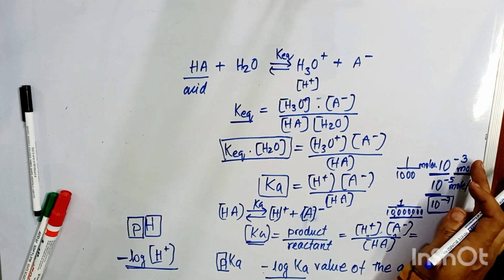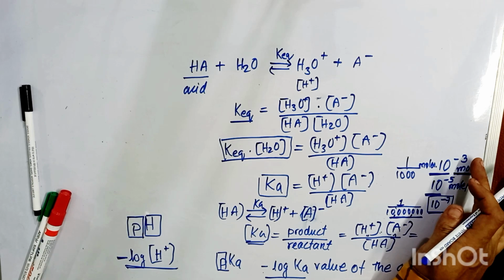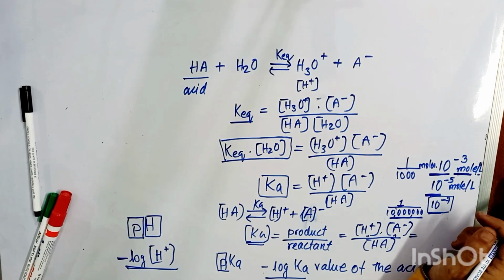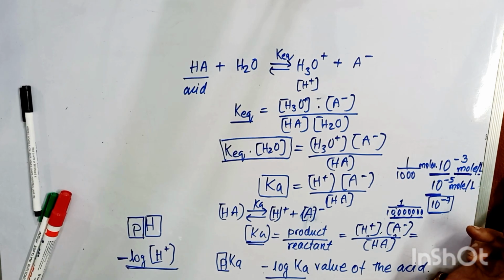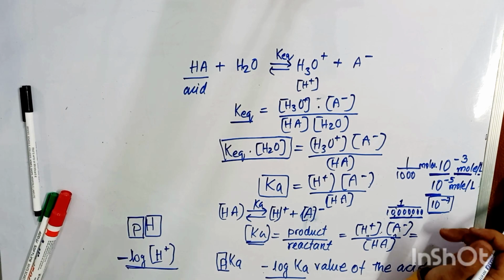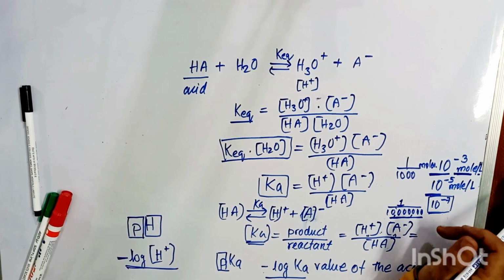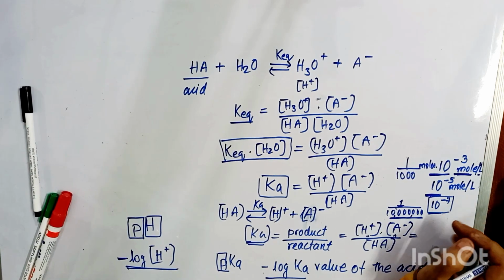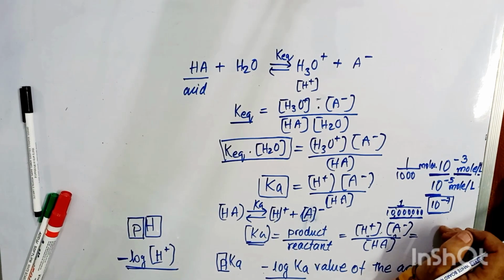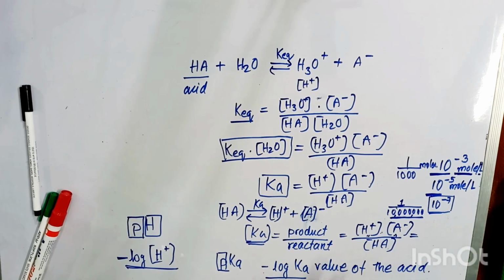Biological acids, say lactic acid and carbonic acid, have values of around 10 to the power minus 6 or minus 7. These are much lower values. Now you have understood what the pKa of an acid is.